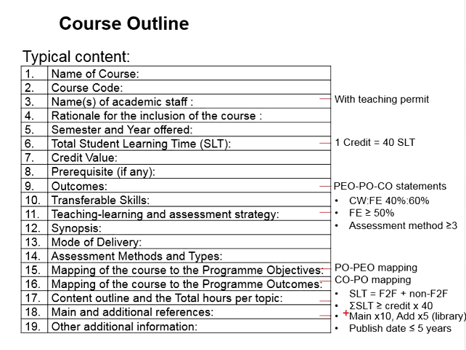This is another part that the accreditation body shall check in order to triangulate the facilities available for the students. You need to do the curriculum review from time to time in order to keep your course and the program updated, especially for the main and additional references here.